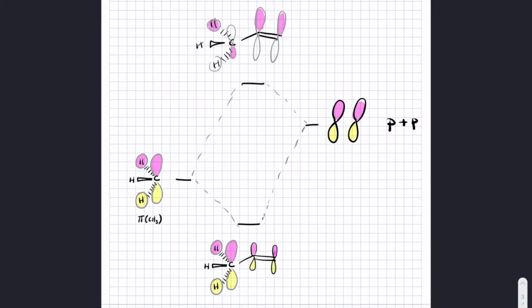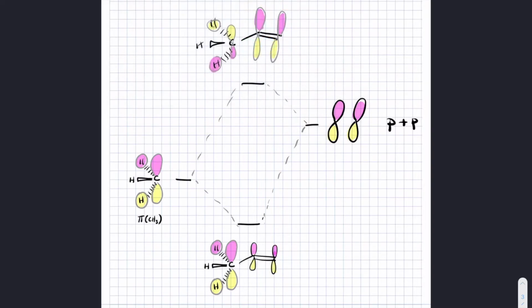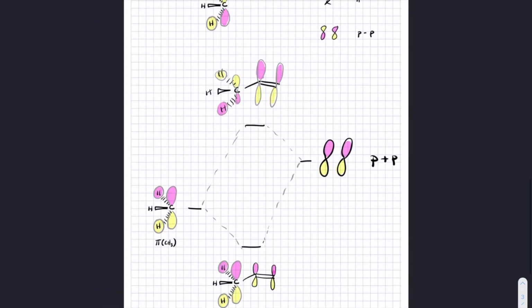Well, oh dang. Okay, so go ahead. Would they be in phase as you have them there for the antibonding, or should they be out of phase?